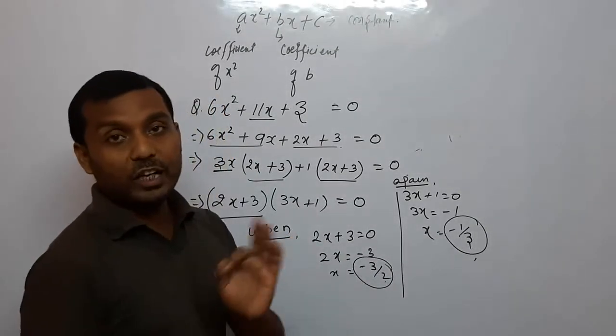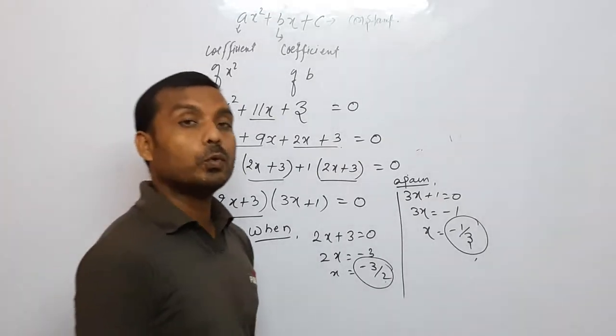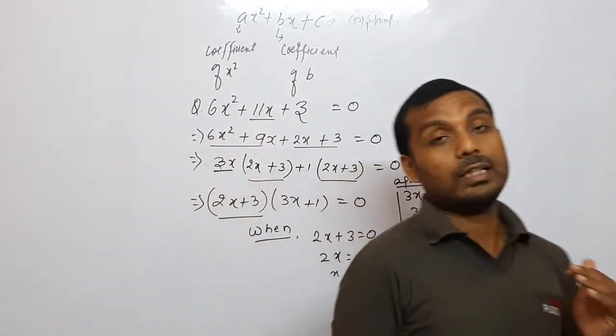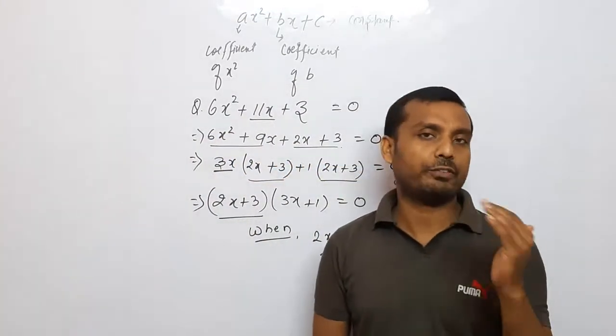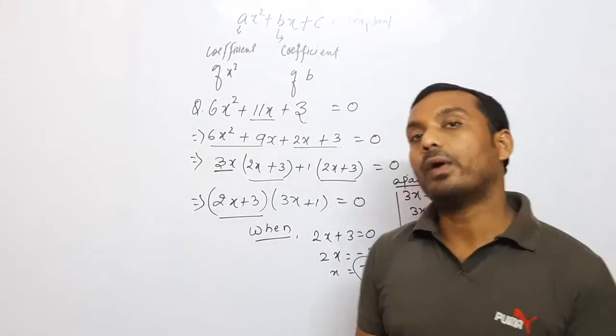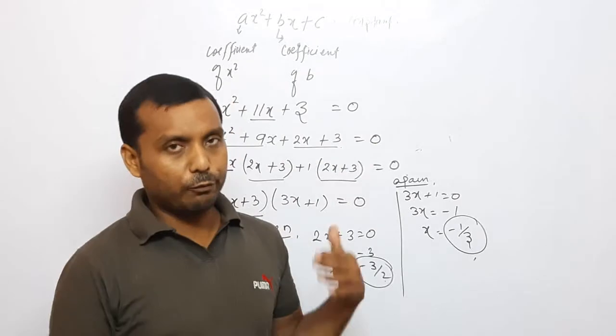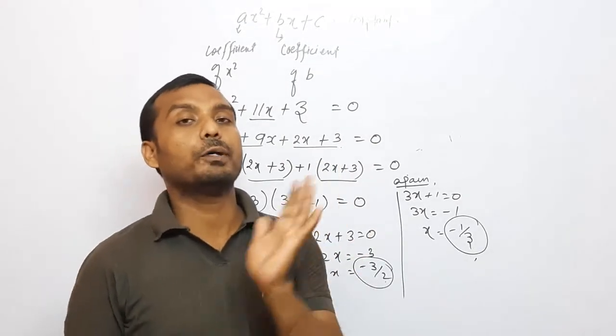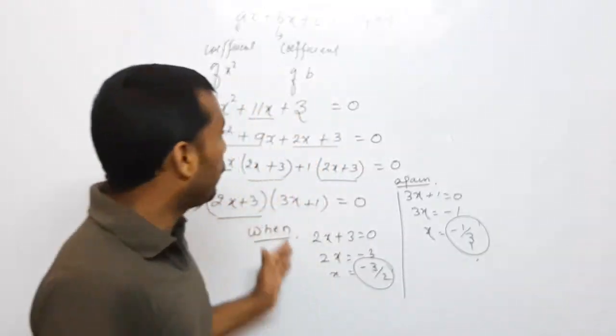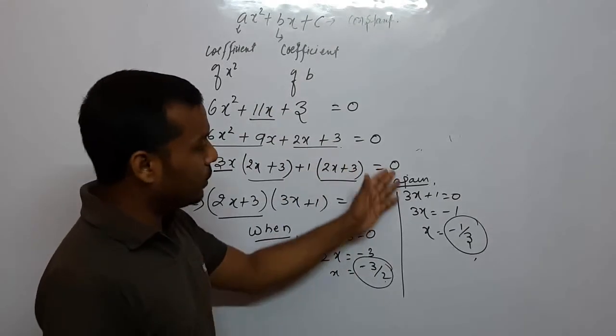But when we are told to factorize only, in that case we just factorize the term. But when we are told to find the value of variables using the factorization method, we have to make the terms equal to 0.